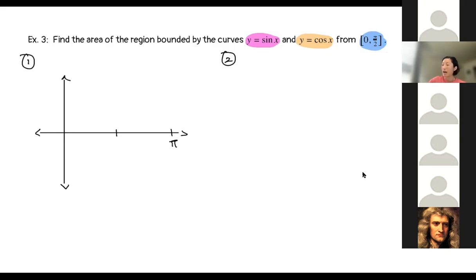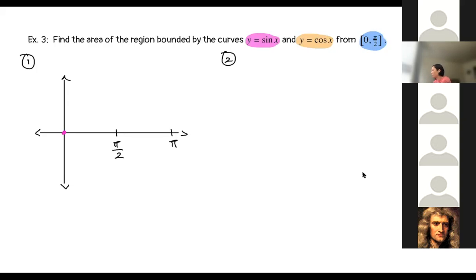And so this sine graph, what is sine of 0? Let's use some points to help us out. Sine of 0 is 0. So this pink graph is going to have its first point at (0, 0). What about at pi over 2? What is the sine of pi over 2?